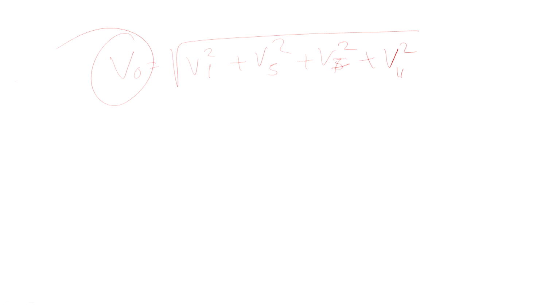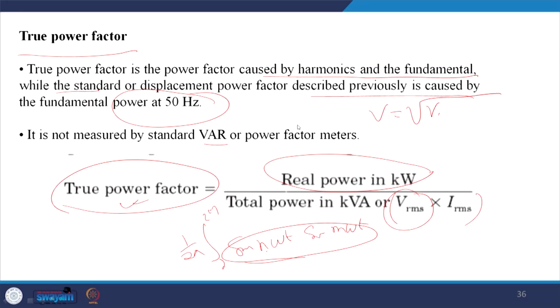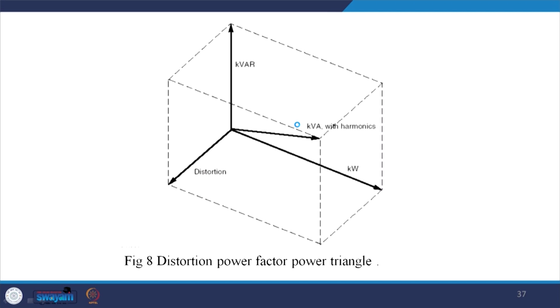And similarly, your current has to be I1 square plus I5 square plus I7 square plus I11 square and so on. In that way we require to include the harmonics, and thus we have to represent this.